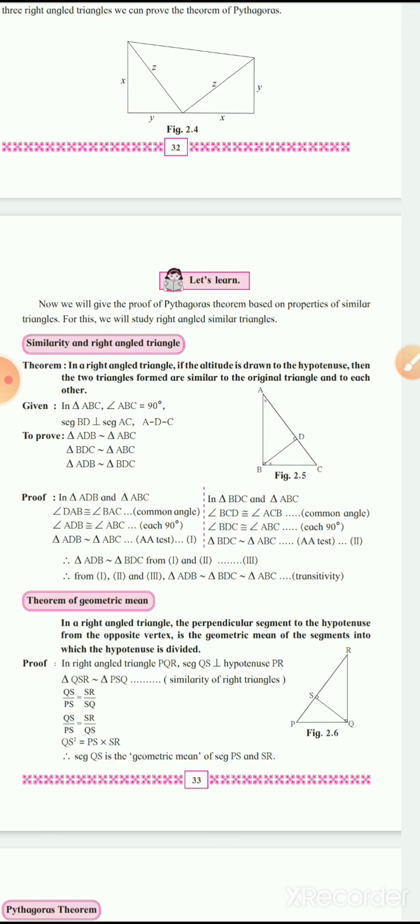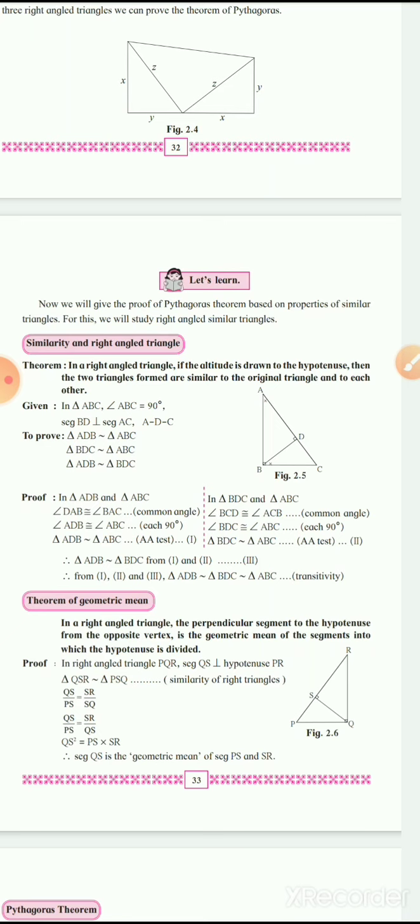Now we have to consider the second triangle with the original triangle. The second triangle means triangle BDC, and the original triangle means triangle ABC. So in triangle BDC and triangle ABC, here also angle BCD is congruent to angle ACB.